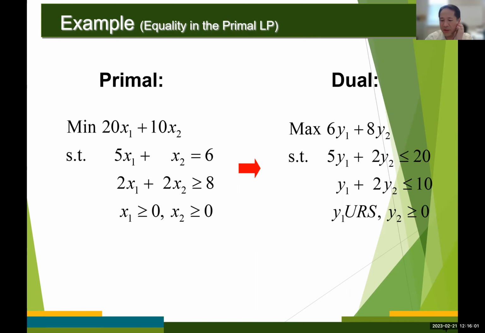And we also noticed that the equality of the constraint in the primal LP in the symmetric primal dual pair corresponds to the unrestricted in sign variable in the dual LP. So URS stands for unrestricted in sign, okay?